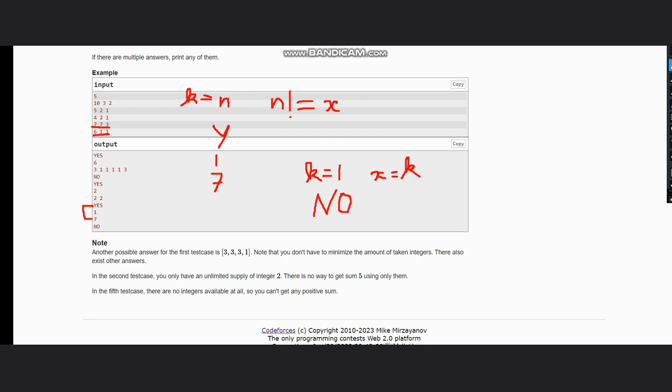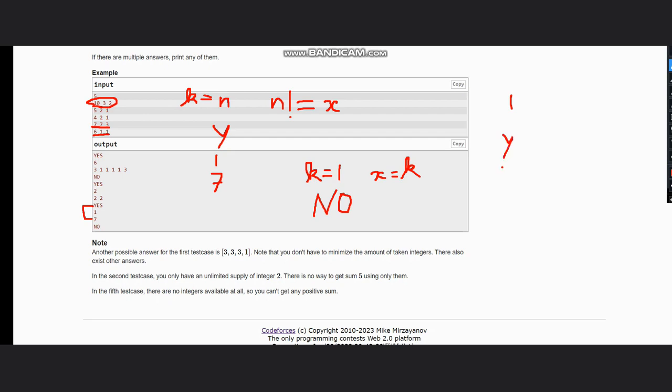Now in another case, if x is not equal to 1, let's suppose this case, you have 1 and you have an unlimited number of ones, so you can just add ones n times and you will get that output. So we would output yes in this case.